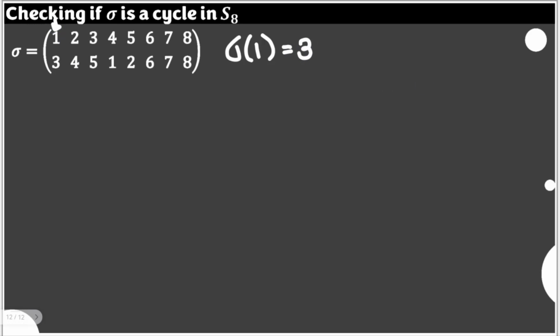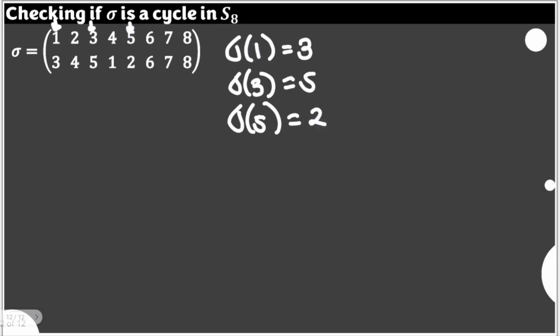Since this value here is not the same as the first element, we are going to continue with that value on the other side. So as we map 3, you will have here 5. Then we continue for 5, we will be having 2.